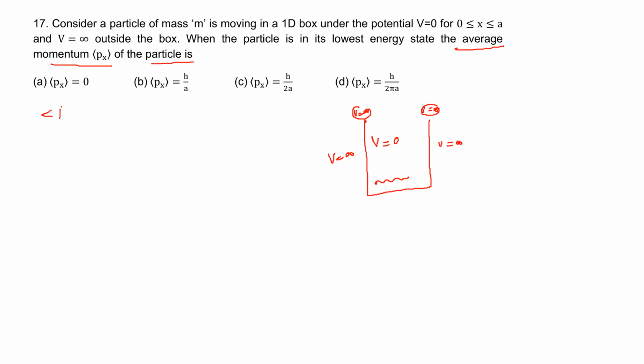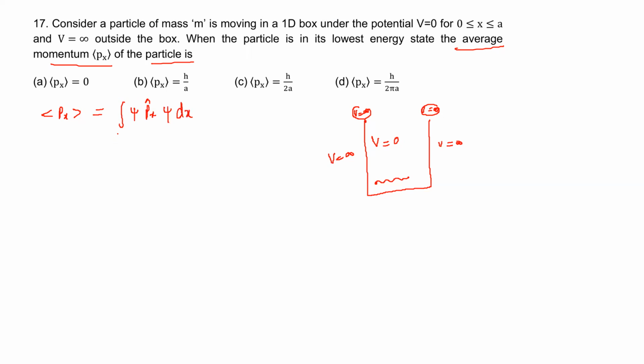So we have the formula to find out the average value for any observable quantity in quantum mechanics, and the formula is integration of psi, your operator, that is momentum operator, psi dx.